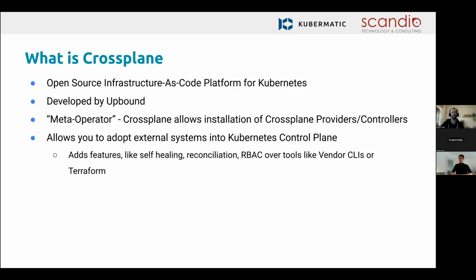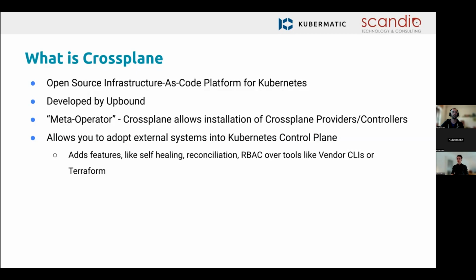And the idea is it is a framework or a meta operator which allows you to handle Crossplane providers, which are the controllers or the operators for the platforms you will try to control using Crossplane.